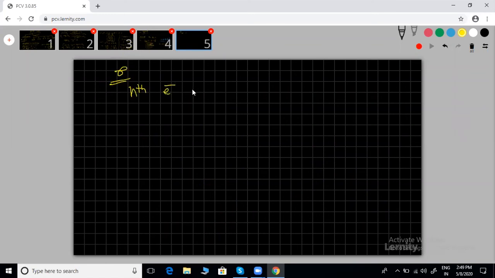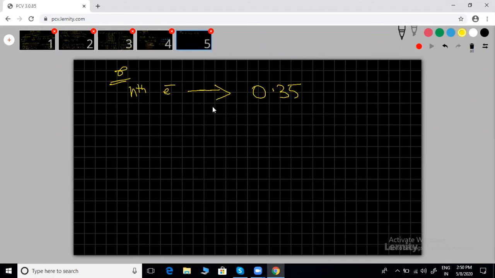We are calculating sigma. What's that value? That contribution is 0.35, the valence electrons' contribution towards the sigma calculation.